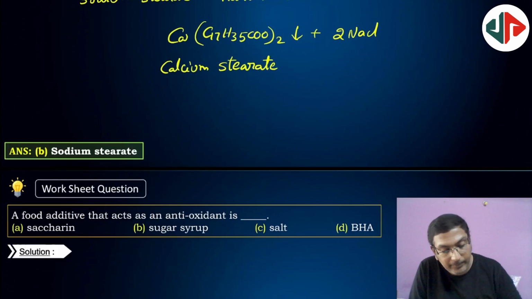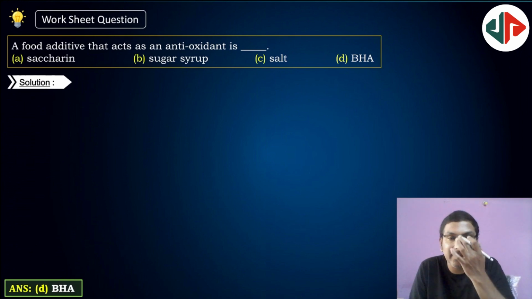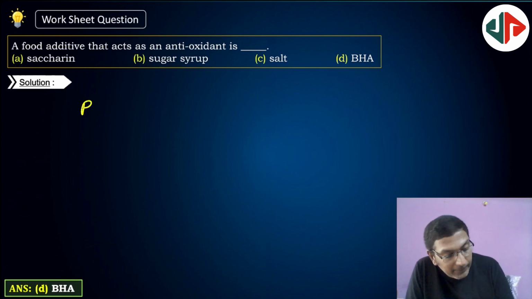Next. A food additive that acts as antioxidant. Here antioxidants can be BHA and BHT.